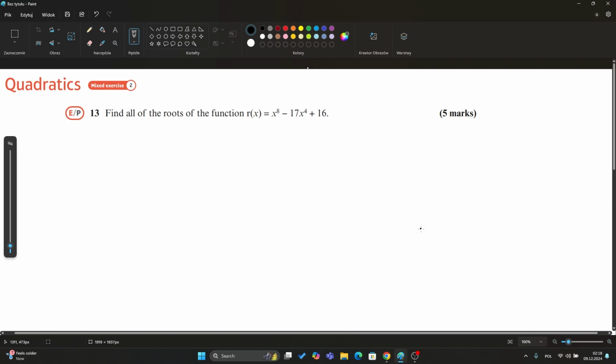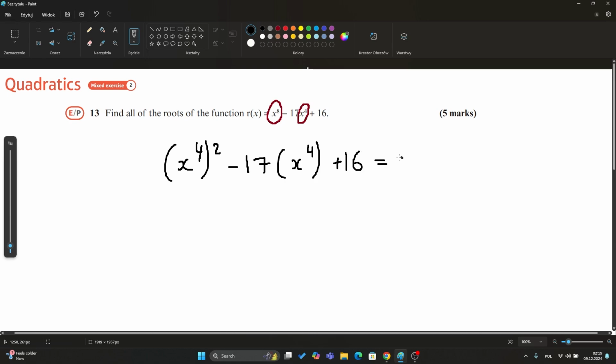Now we have question 13, where we can see again the relationship between x power 8 and x power 4. We can rewrite this as x power 4 to the power of 2 minus 17 x to the power of 4 plus 16 equals 0. We let y equal x power 4, so that y squared minus 17y plus 16 is equal to 0.